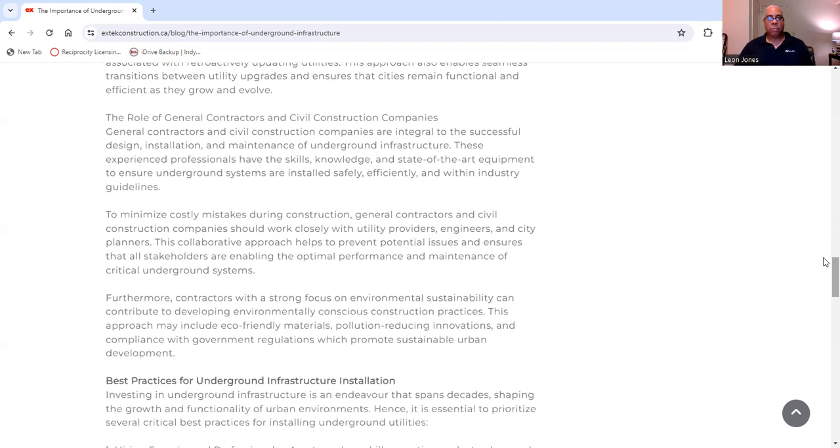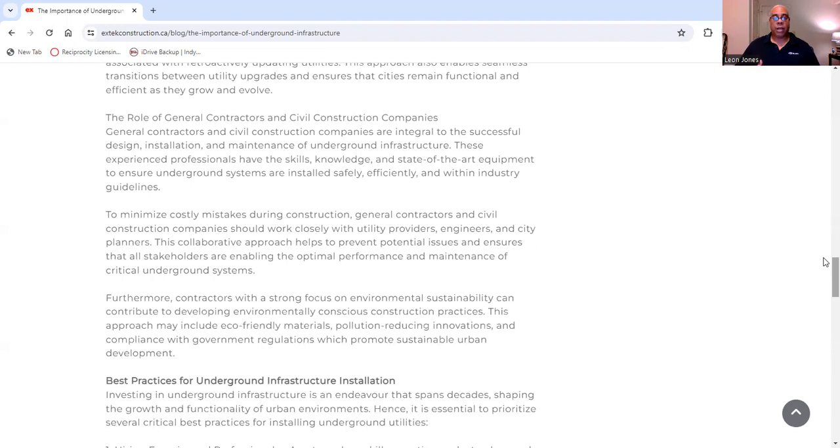So, to minimize costly mistakes during construction, general contractors and civil construction companies should work closely with utility providers, engineers, and city planners. This collaborative approach helps to prevent potential issues and ensures that all stakeholders are enabling the optimal performance and maintenance of crucial underground systems.